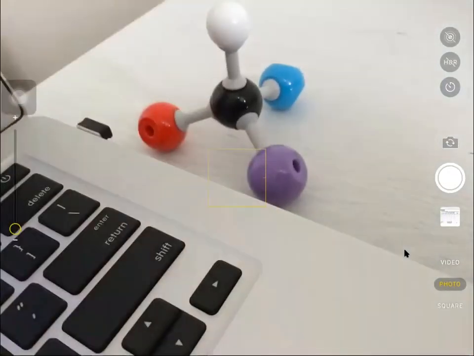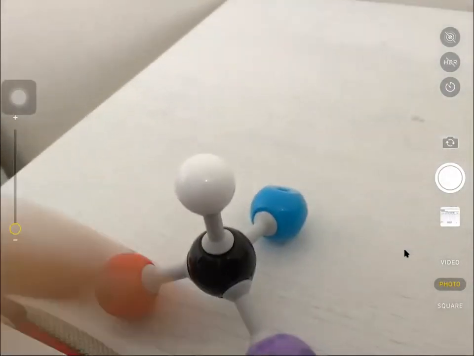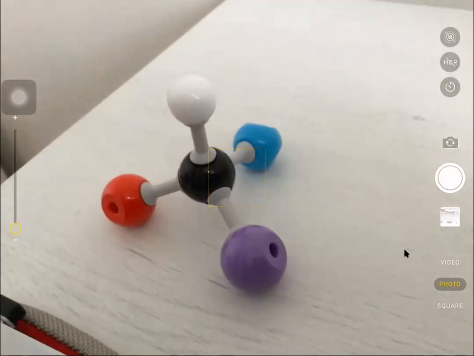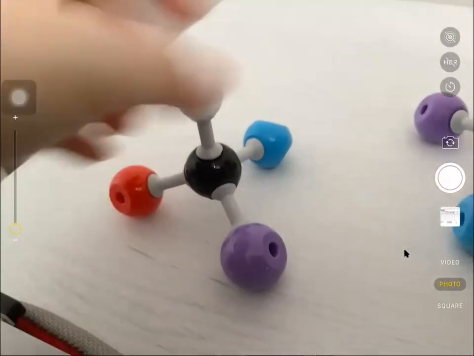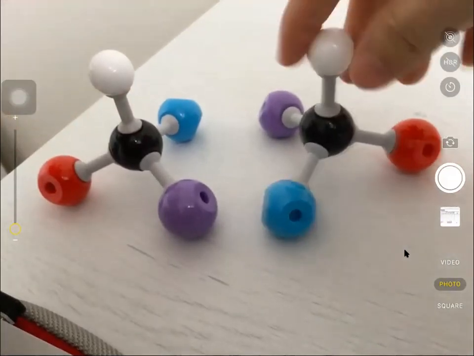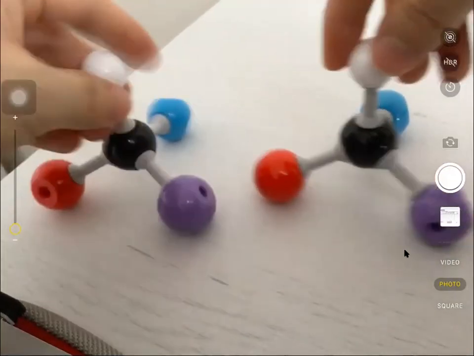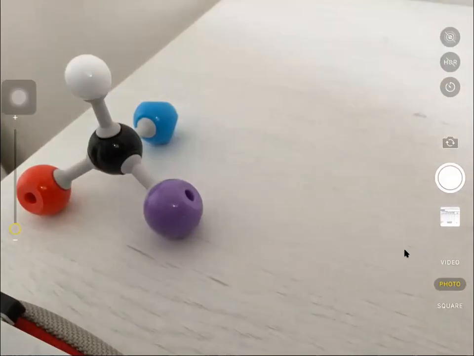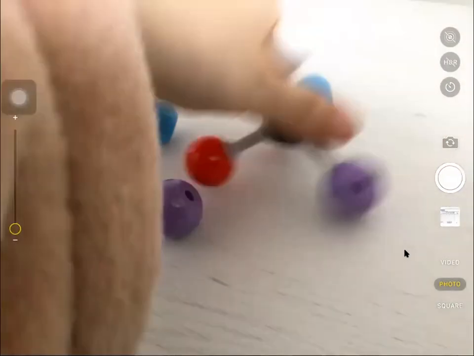Okay, so this is the original molecule. So by taking the mirror image, if we have, no, identical. Okay, so now I got 2 identical molecules.